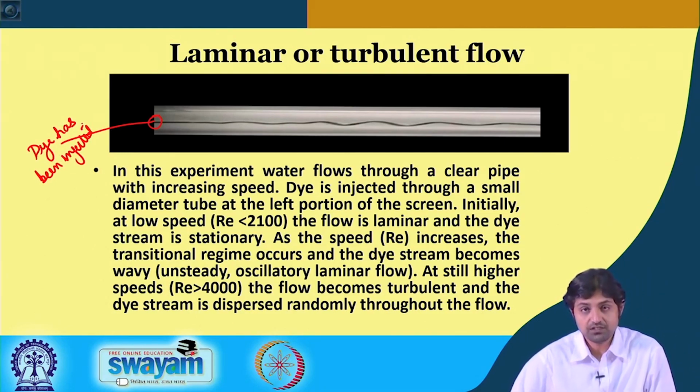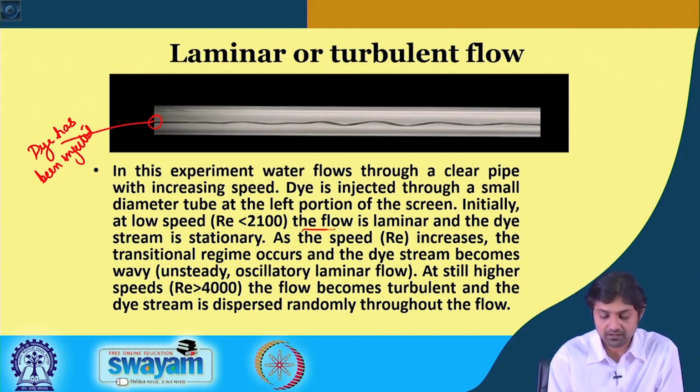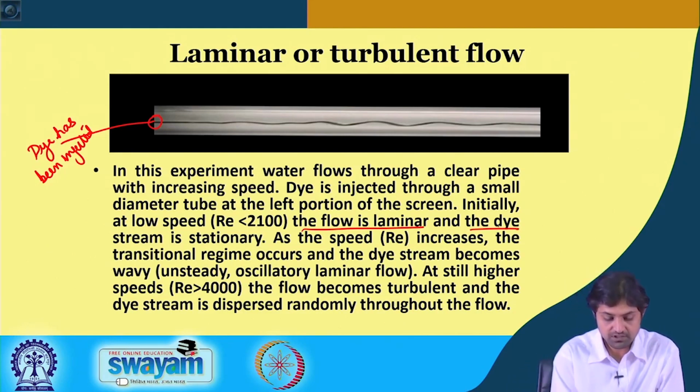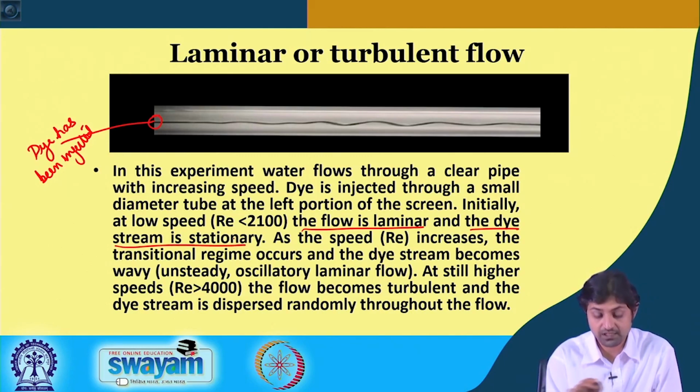Initially when the speed is low, or we can also say when the Reynolds number is less than 2100, the flow is laminar. If you watch the full video following the link given, you can see the flow is laminar and the dye stream is stationary. It is like a pure streamline, one single line.